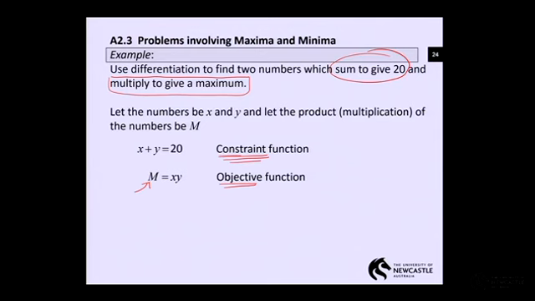There is nothing wrong with what you've just written, but sometimes people go, where am I supposed to go next? You are trying to maximize M, so in my mind I'm thinking I need an M dash and an M double dash. Now that sounds great. It's my plan up here in the side of my head, but I have another problem, because if I want to do a derivative of M, I've got 2 variables, and that's going to cause a problem.